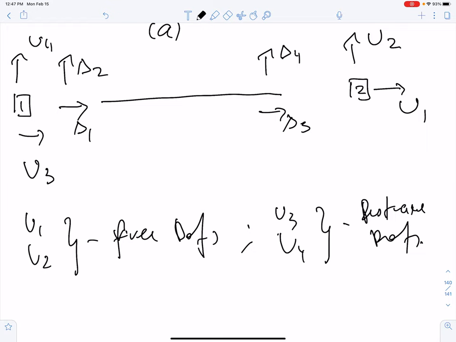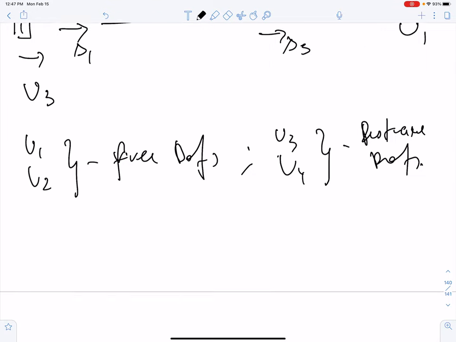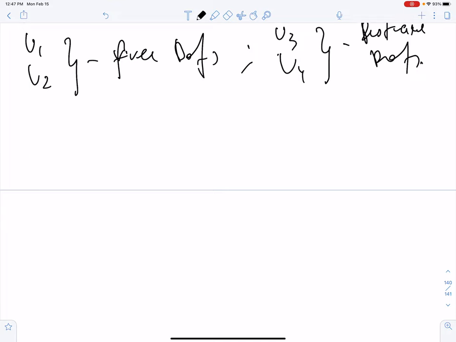Okay. So this introduces a structure that's called the ID array.